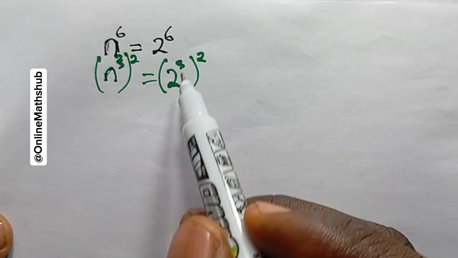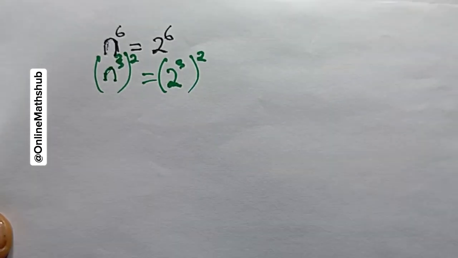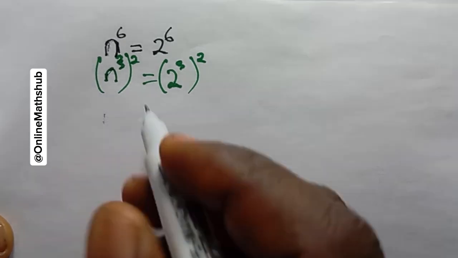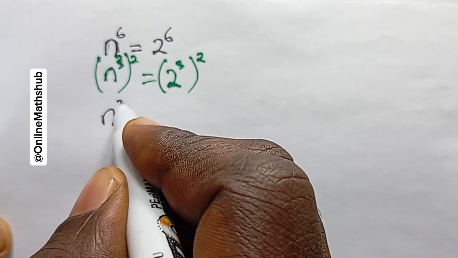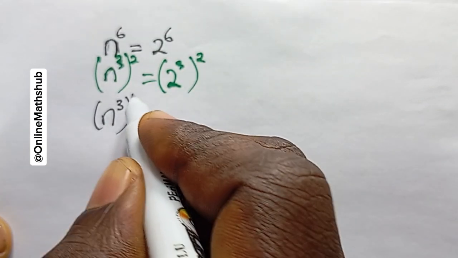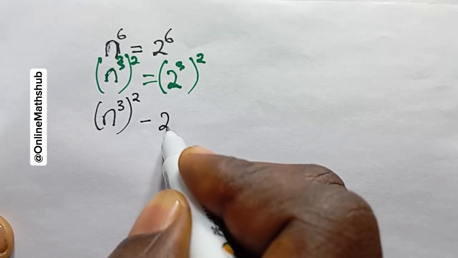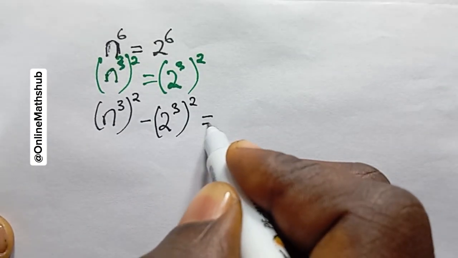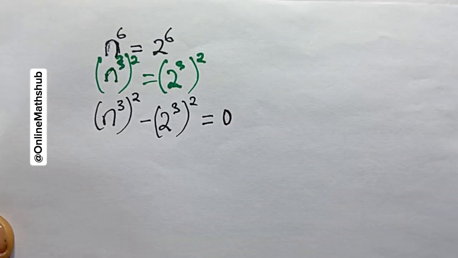So I'm going to subtract this item from both sides. If I do that, what I'm going to have is n power 3 all raised to power 2 minus 2 power 3 all raised to power 2 is equal to 0.